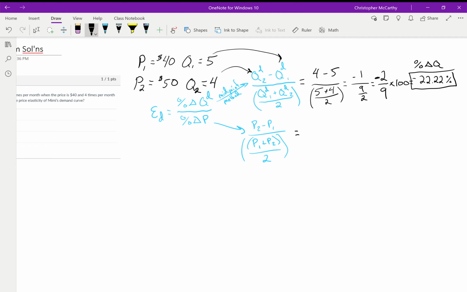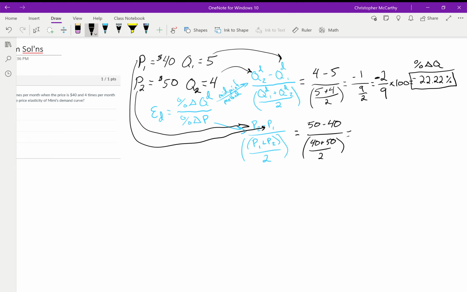Excellent. Now what about my price? Well, again, I've got my P2, and then I've got my P1 right there. So I'm going to do 50 minus 40 all over 40 plus 50 divided by 2. And so 50 minus 40 is 10, and 40 plus 50 is 90 divided by 2. Again, we can do a similar kind of thing to separate this out: this is equal to 10 over 1 times 2 over 90.